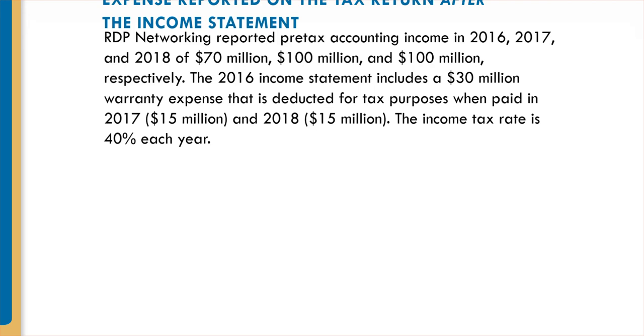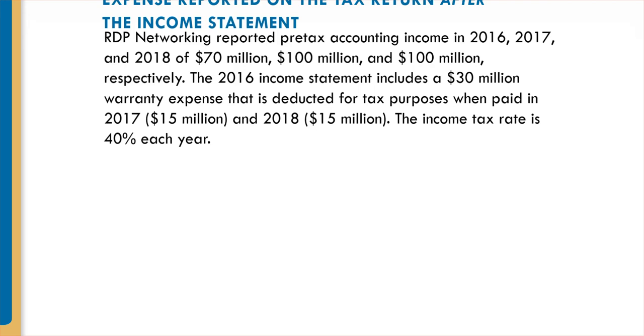So when you do accrual basis accounting, you're going to accrue warranty expense when you make the sale, but you're only going to pay the money out for warranty expense as the customers come back with the defective products.